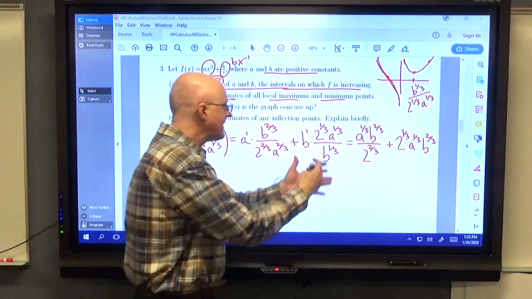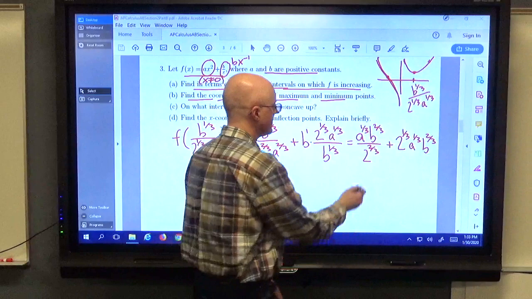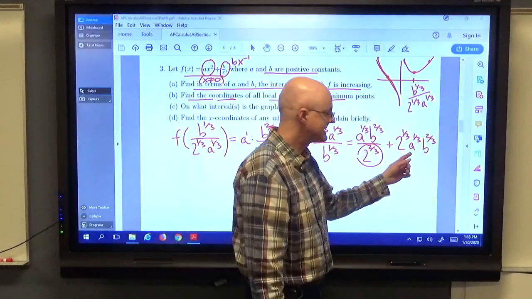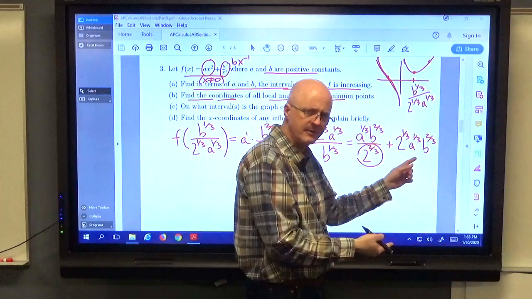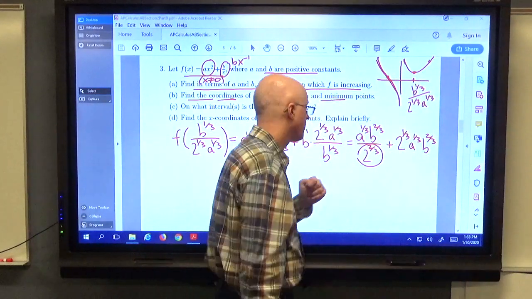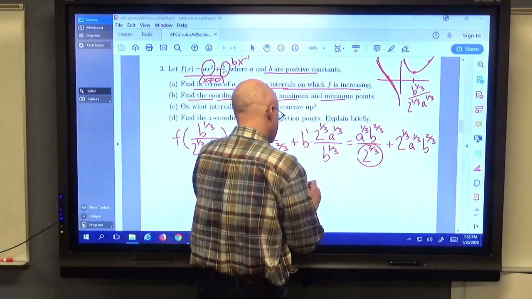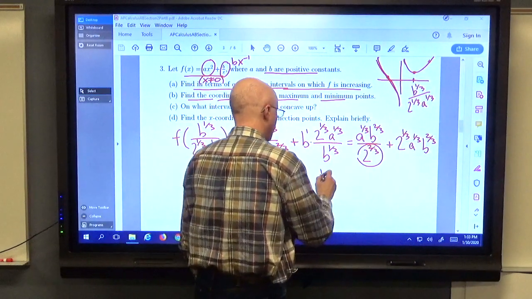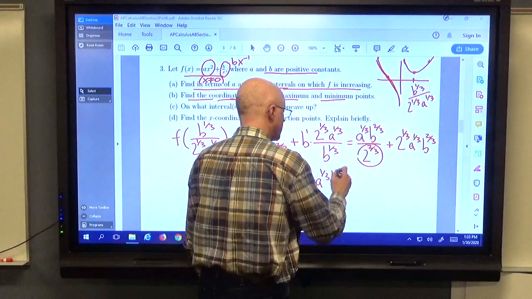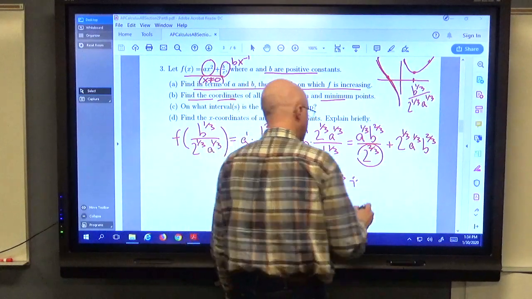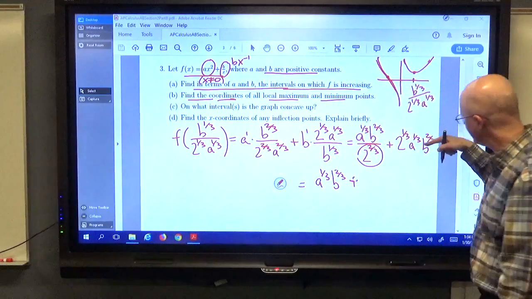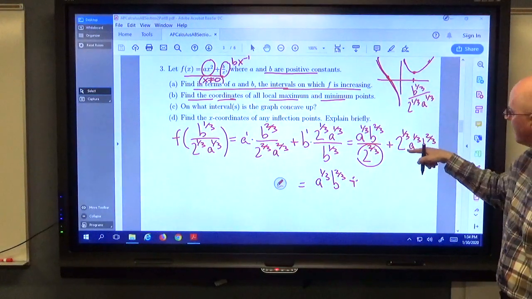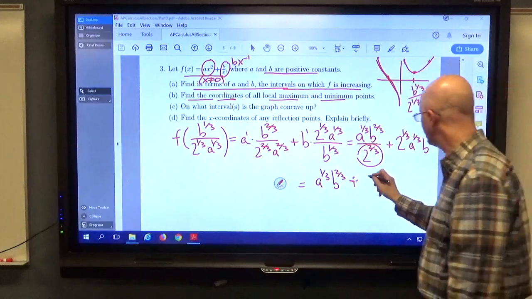You can combine these things by getting a common denominator of 2 to the 2/3. So I'd want to multiply this thing by 2 to the 2/3 divided by 2 to the 2/3, a disguised form of 1. So it doesn't change its value. So then I can combine the fractions into one fraction. A to the 1/3, b to the 2/3. Remember what I'm doing here, plus I'm multiplying this by 2 to the 2/3 and dividing by 2 to the 2/3. 2 to the 1/3 times 2 to the 2/3 is 2.